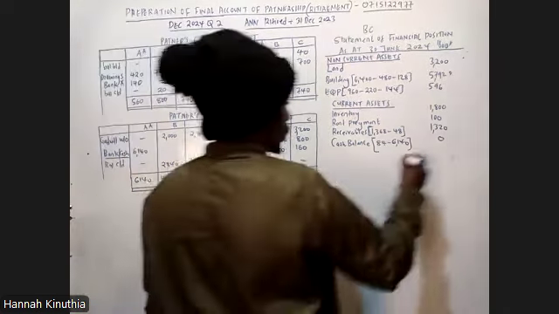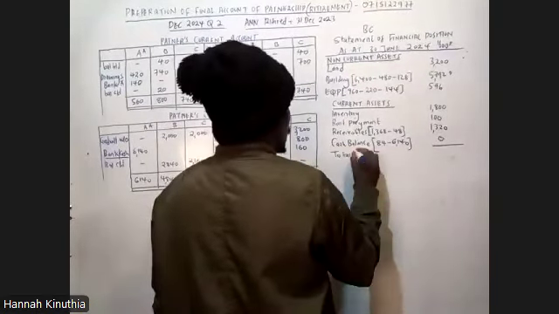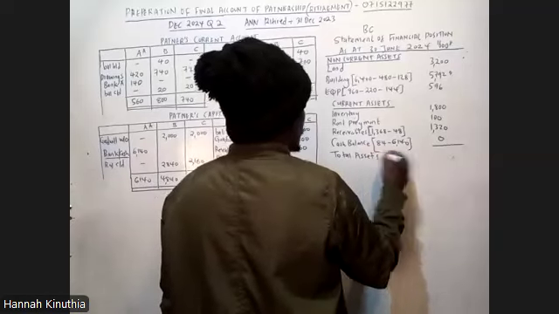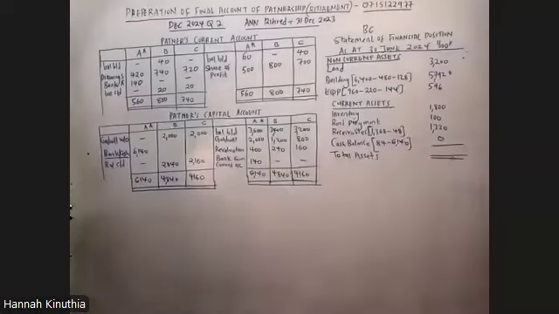So total assets. To find the total assets, ni 3,200 plus 5792, 596, 1,800, 100.